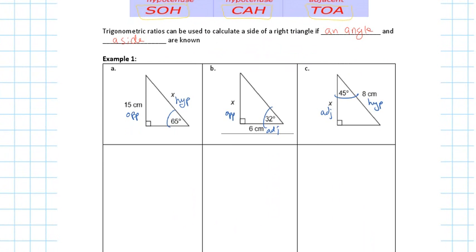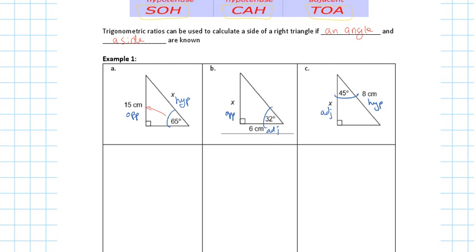So I have this triangle, it's a right angle triangle. I know that because of that square here in the corner. And I know an angle, and I know a side. The first thing you want to do is name your triangle with the opposite, adjacent, and hypotenuse. Because angle 65 is at the bottom, my opposite is right here.